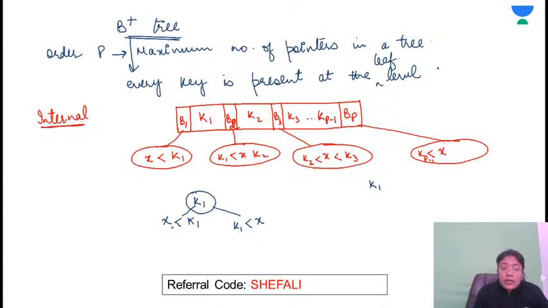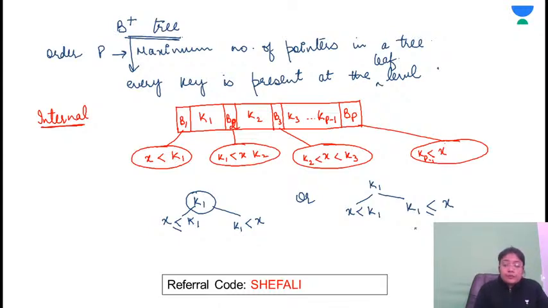If you are maintaining it in the left, then in the whole tree you have to maintain its value in the left child, and if you are maintaining the value in the right child, then it needs to be maintained in the right child. Either follow this method or follow that method. Both are not possible.